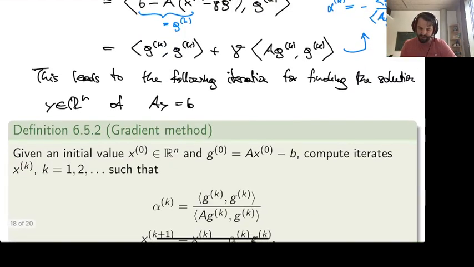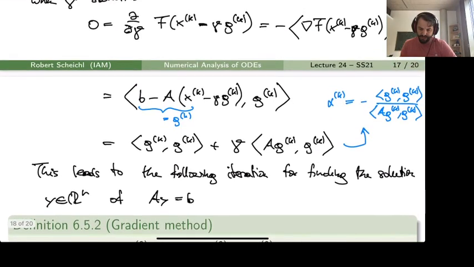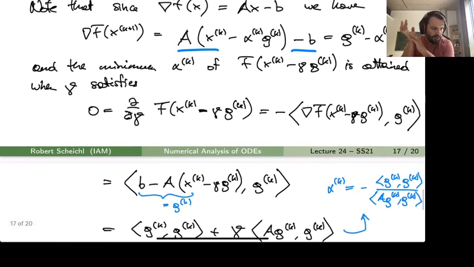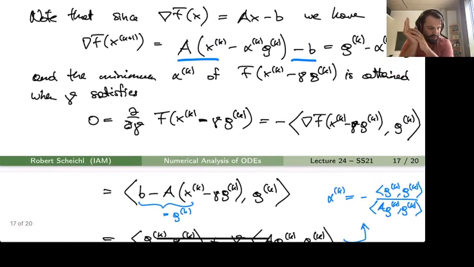Where's the minus gone? Minus mistake somewhere. I'll double check for the minus. I will not find that quickly now.